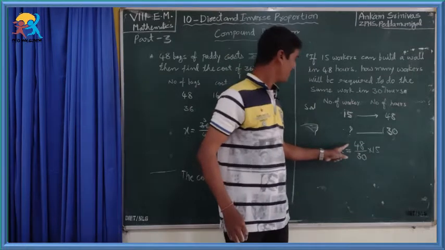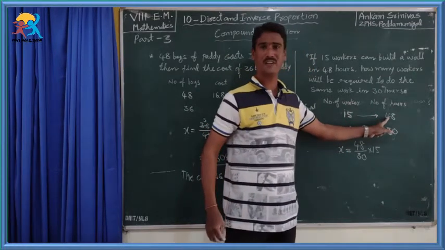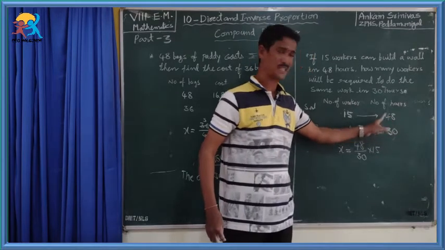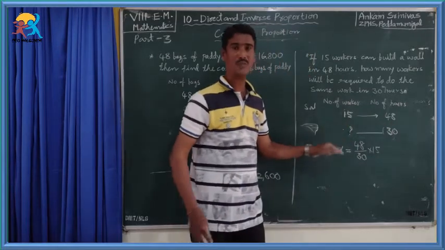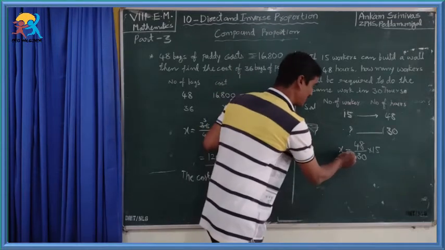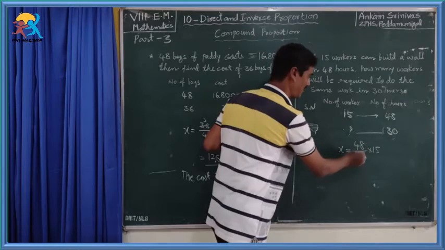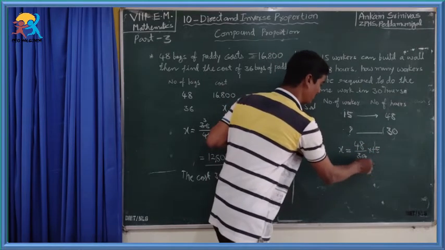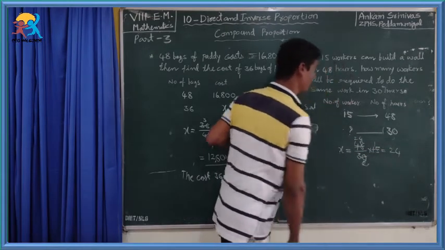Let's see, children. 15 workers can complete a piece of work in 48 hours. To complete the same work in 30 hours, we require more workers. So more workers means we take the ratio more by less: 48 by 30 into 15. 15 ones are 15, 15 twos are 30, 2 ones are 2, 2 twos are 4, so it is equal to 24.